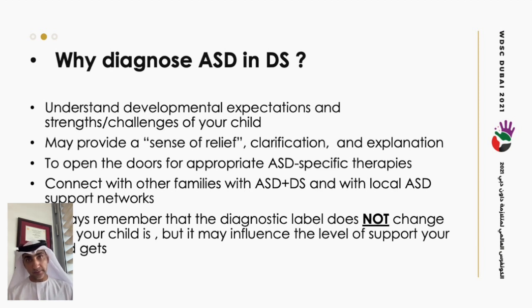Finally, always remember that the diagnostic label, whether it's autism or anything else, does not change who your child is, but it may influence the level of support your child gets and open the doors for more treatment options for your child.